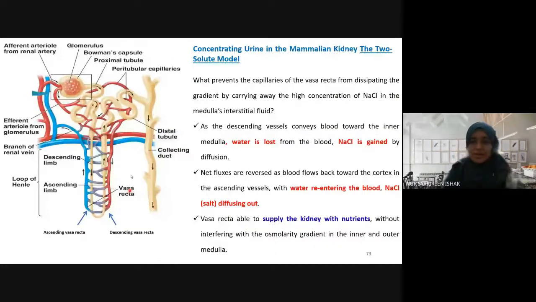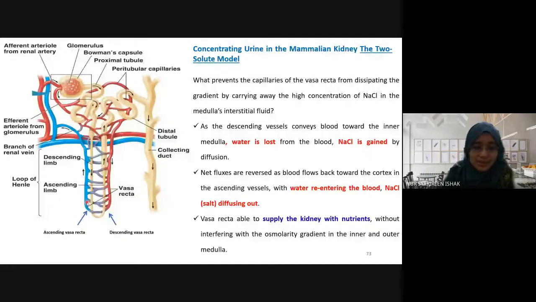Okay, so the vasa recta has two regions, descending and also ascending vasa recta. The descending vasa recta surrounds the ascending loop of Henle. The ascending vasa recta surrounds the descending loop of Henle. So this is countercurrent actually.